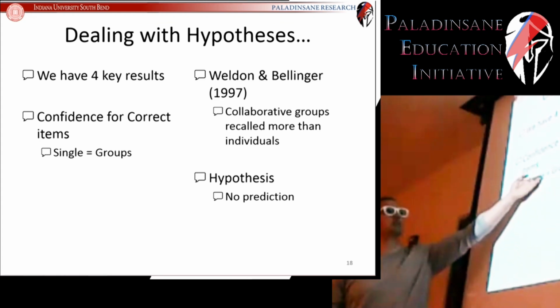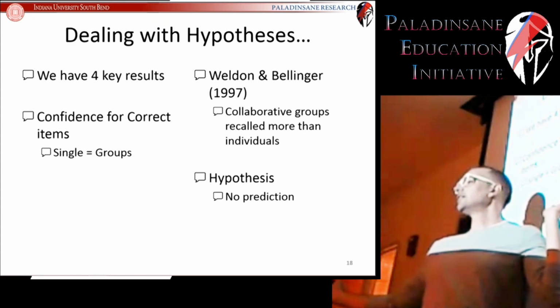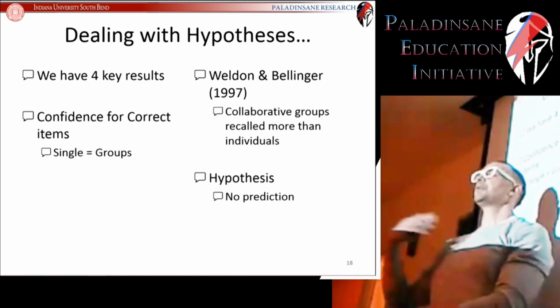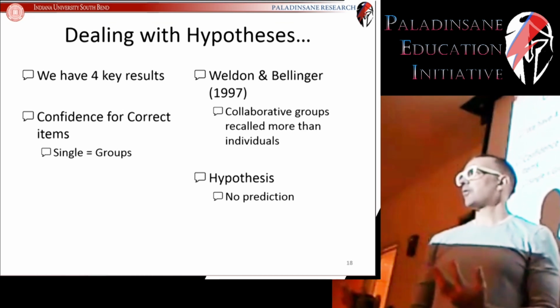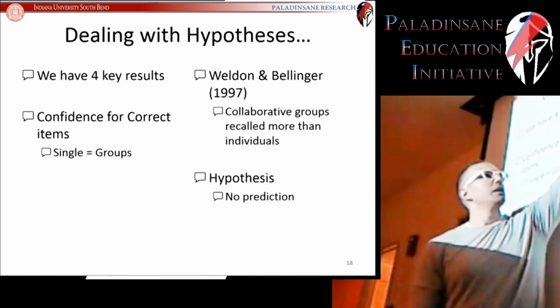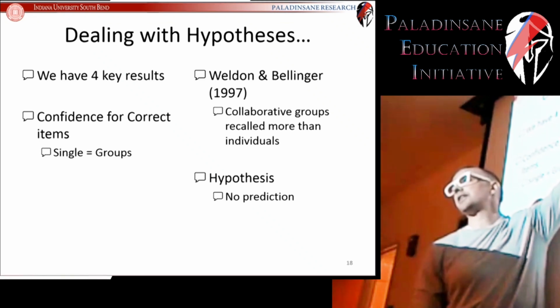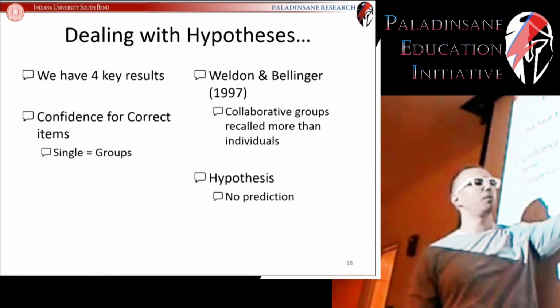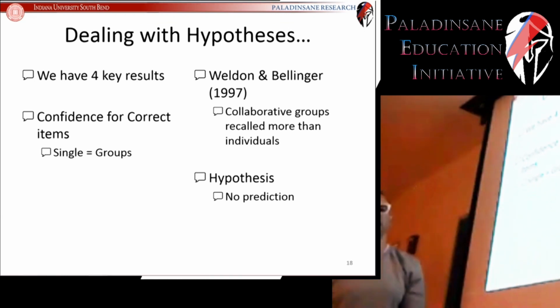We have this confidence result, and they have a theory that makes no prediction. That's fine. We don't need one theory to predict everything. We just need one theory to predict at least one of the four results that we have. So in the introduction, we wouldn't make a prediction about confidence. We wouldn't have a hypothesis about what we would expect to happen in confidence based on Weldon and Bellinger's data.